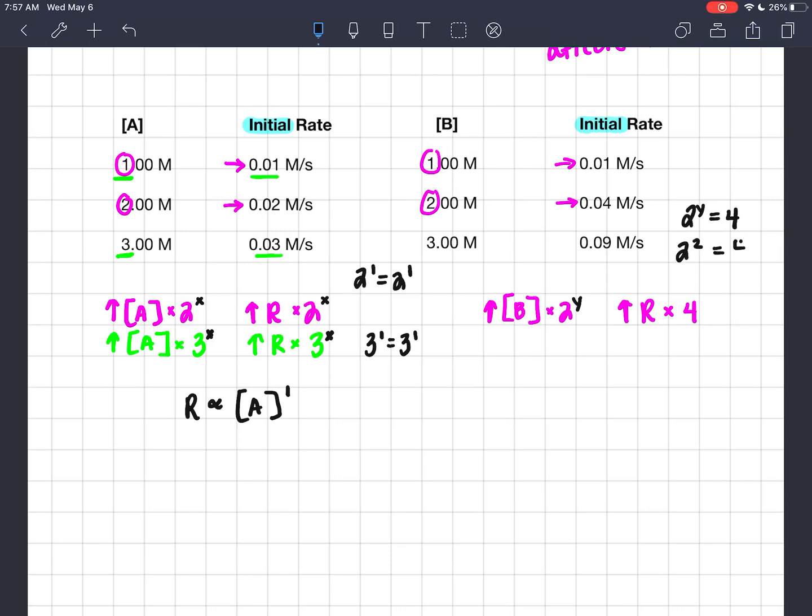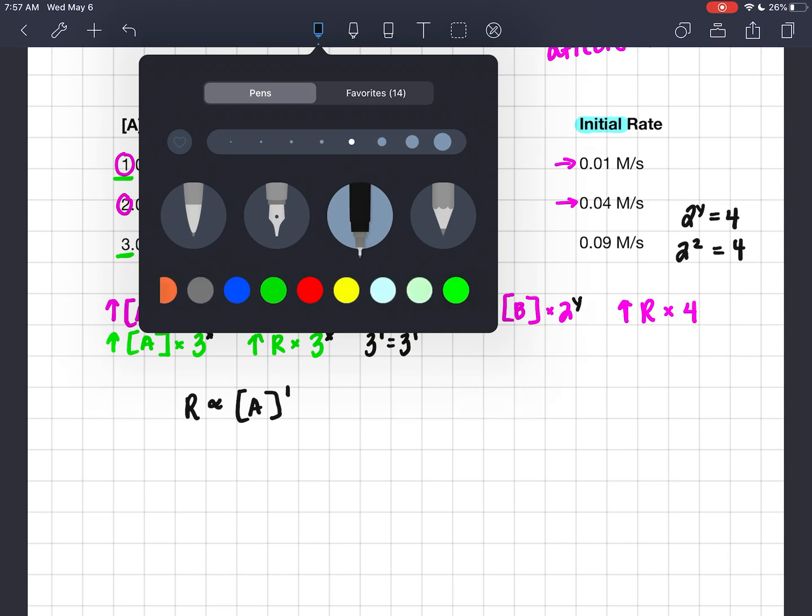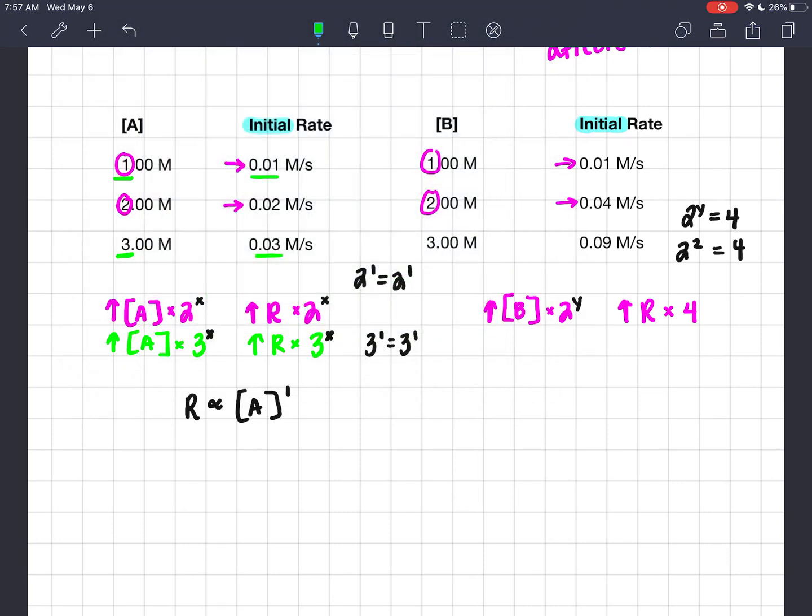Well, if I square 2, that will get me 4. That'll get me the factor that I changed my rate by. So let's see if y is 2 even when we're looking at the next change in concentration. When I go from 1 molar to 3 molar, what's happening to my rate? Well, it's going from 0.01 to 0.09.